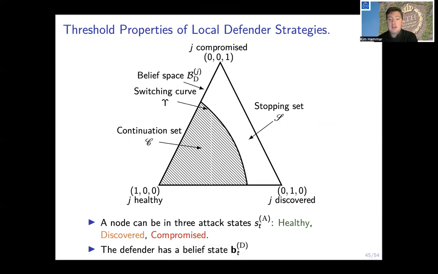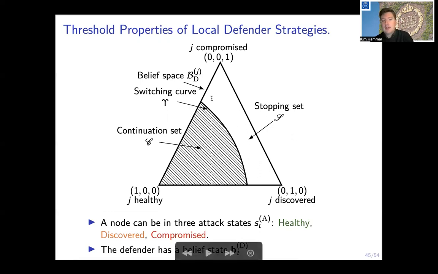And that belief is a probability distribution over the state space, which resides in a two-dimensional unit simplex, which is this triangle that we see here. And it turns out that there exists a switching curve that partitions this space into two regions. One region where it is optimal to continue, the shaded region, to not take the defensive action, and another region, the white one, where it is optimal to take the defensive action and stop.